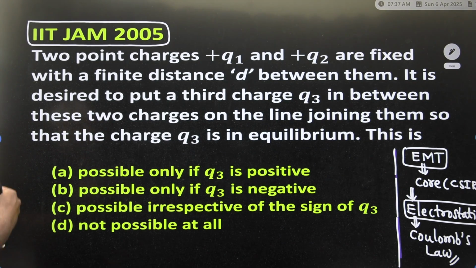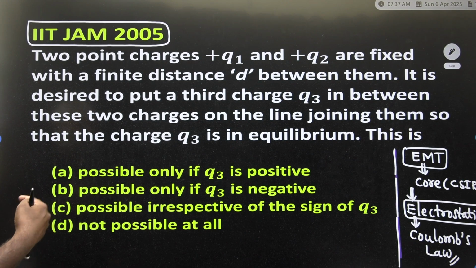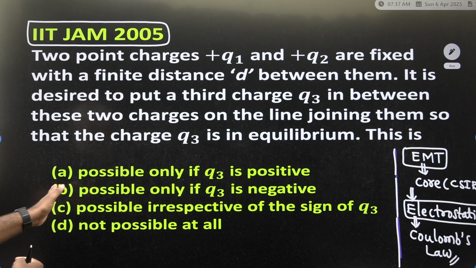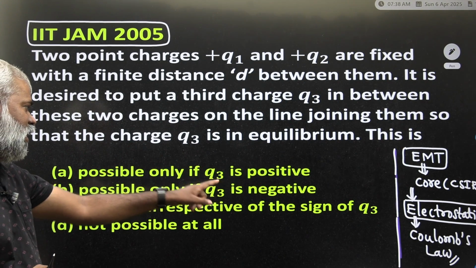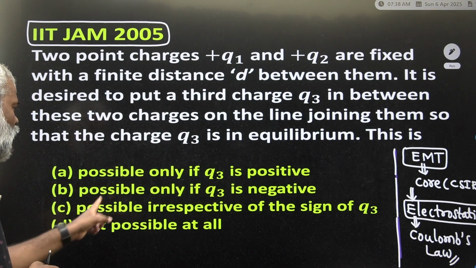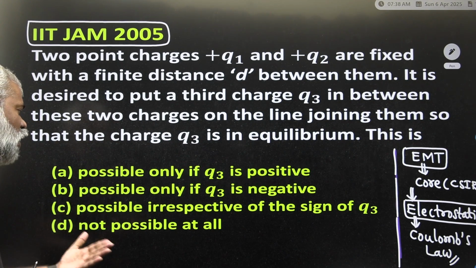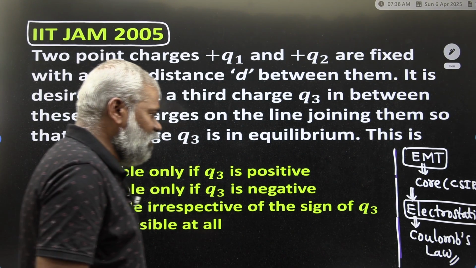It is desired to put a third charge Q3 in between these two charges on the line joining them, so that the charge Q3 is in equilibrium. The options are: possible only if Q3 is positive, possible only if Q3 is negative, possible irrespective of the sign of Q3, or not possible at all.